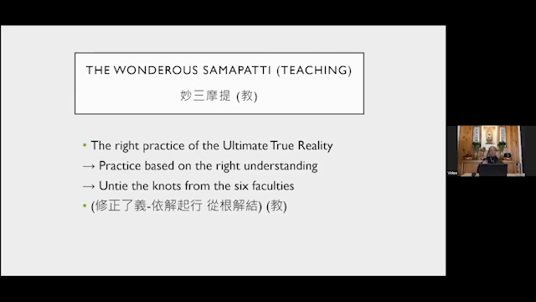In different sutras, the Buddhas or Tathagatas keep mentioning how precious it is to be human beings, that we have six faculties to practice and reach enlightenment.